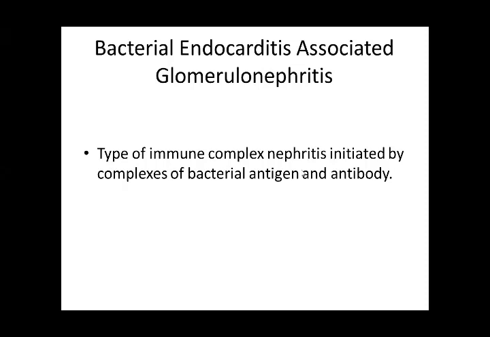So this is what happens when bacterial antigen causes endocarditis and glomerulonephritis. They induce antibodies because these antibodies start recognizing the antigens on the heart and kidney as foreign.